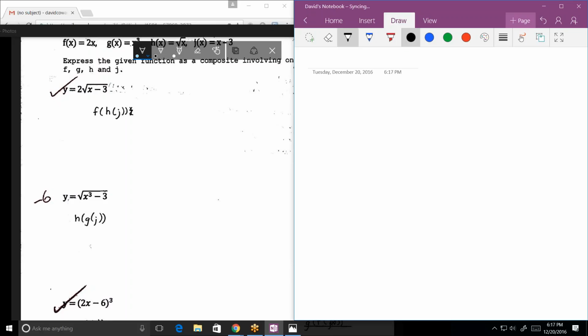What I really have, if I want to rewrite it, and it's worth rewriting because upon rewriting it, you see something that you don't see unless you do rewrite it. And there you see the J function, you see the G function, and you see the F function.